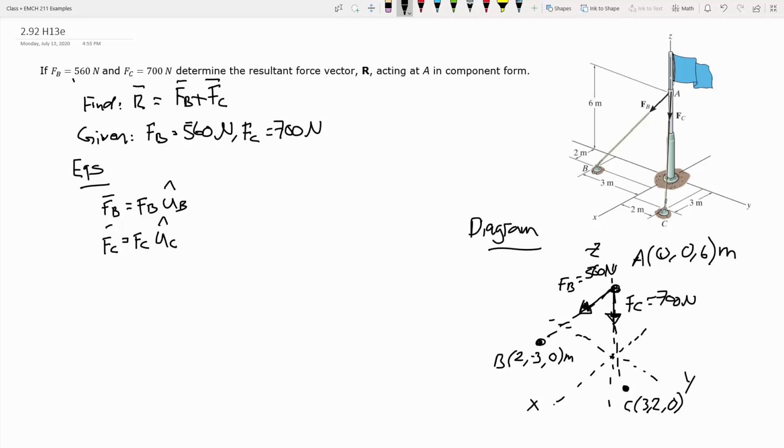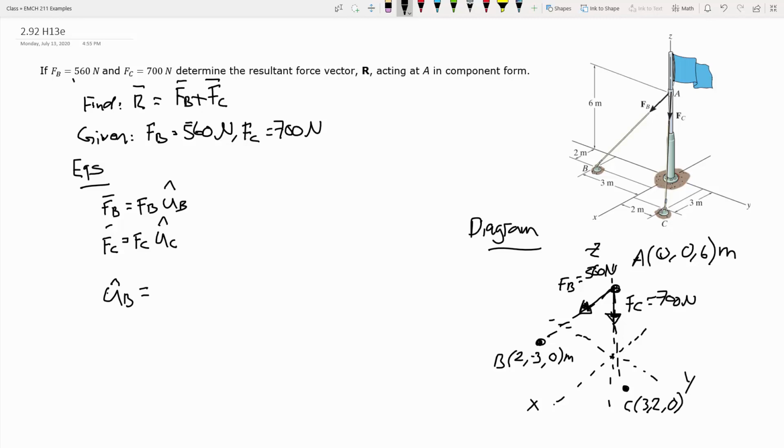So FB and FC, again, we were given. So if we can find U hat B and U hat C, we can multiply the magnitude times the unit vector, the direction, and then we will have the Cartesian component form of these 2 vectors. So again, FB, FC we already know. So let's start by looking at, I'll call it UB.